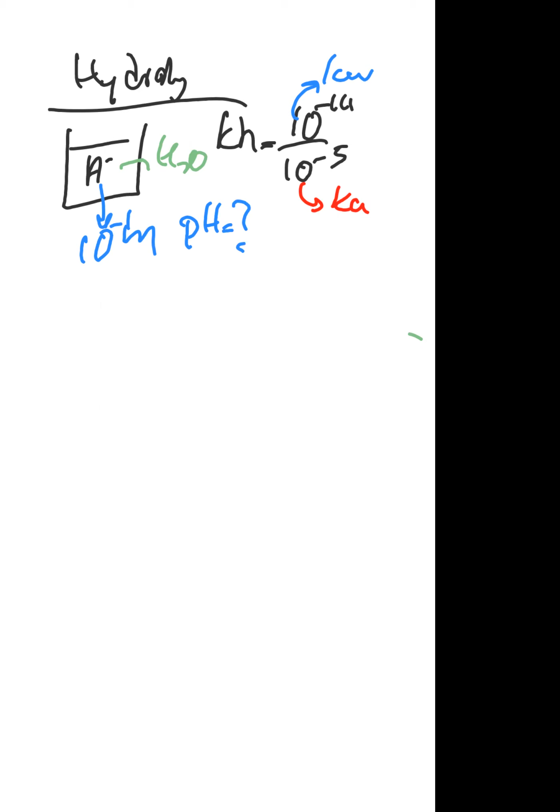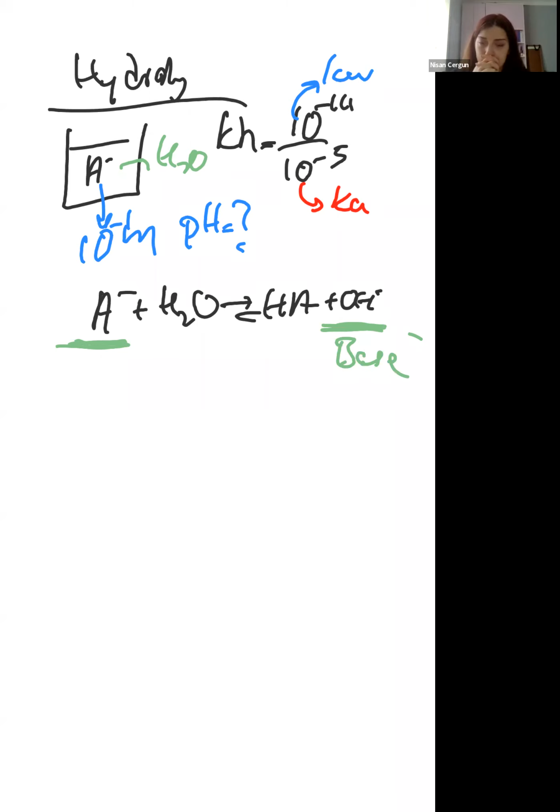We have A minus reacting with water to produce HA and some amount of OH minus. What we may say from this equation is that any conjugate base of a weak acid actually acts as a base, because it produces OH minus. The same thing can be said for weak bases: the conjugates of weak bases are acids.